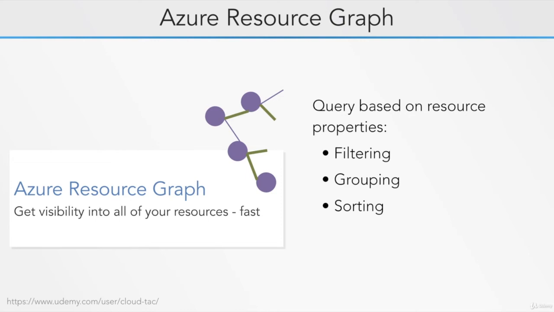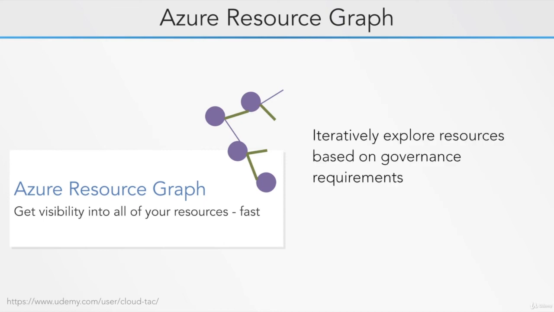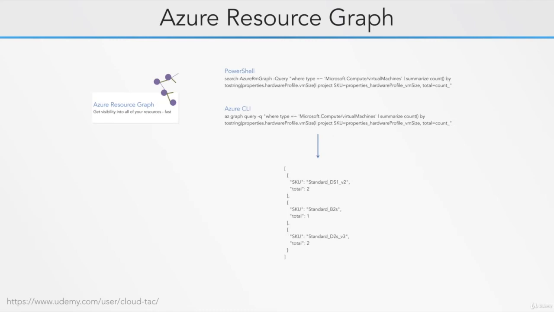These queries provide the 4 features, which include the ability to query resources with complex filtering, grouping, and sorting by resource properties. You also have the ability to iteratively explore resources based on governance requirements. Resource graph queries also give you the ability to assess the impact of applying policies in a vast cloud environment.